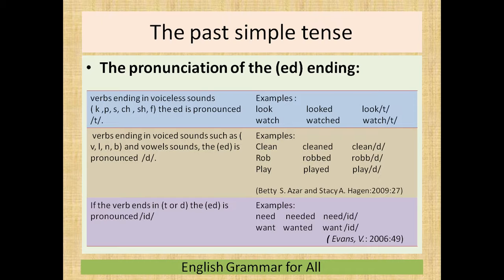Another group of verbs end in voiced sounds, such as v, l, n, b, and vowel sounds, and the ed is pronounced d. Examples: clean, cleaned, rob, robbed, play, played. If the verb ends in t or d, the ed is pronounced id. Examples: need, needed, want, wanted.